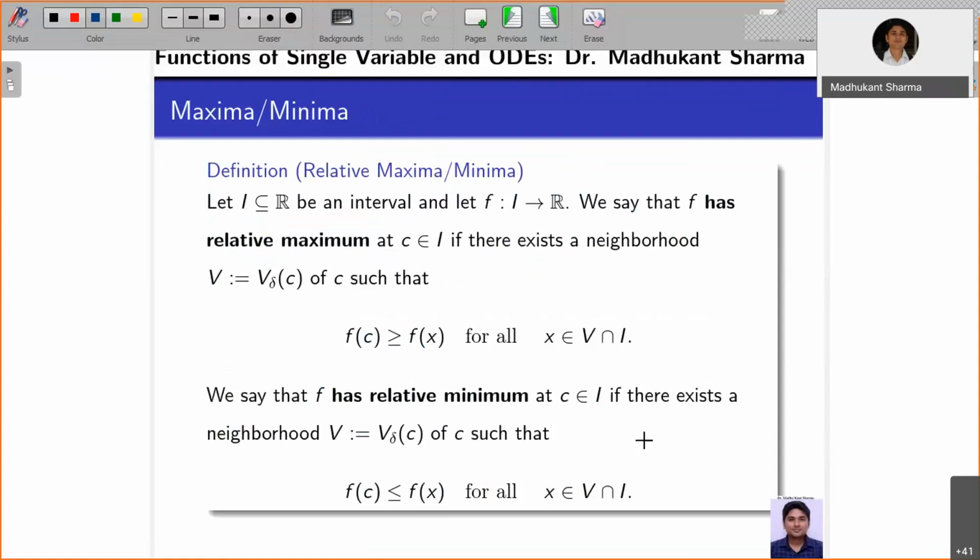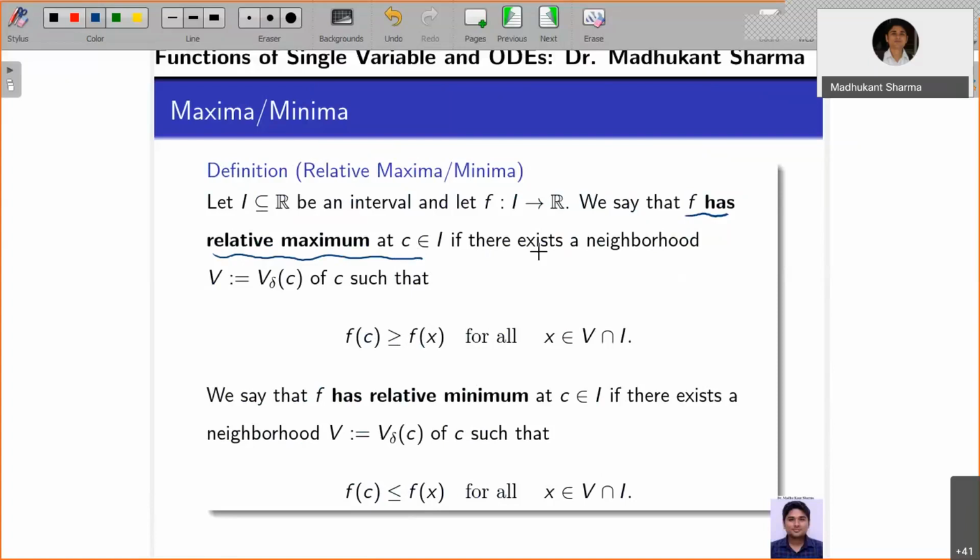Since it is not feasible to look at the maximum and minimum in the global sense, we move to the local. So here we have relative maxima or relative minima, which is something different from absolute maxima or minima.